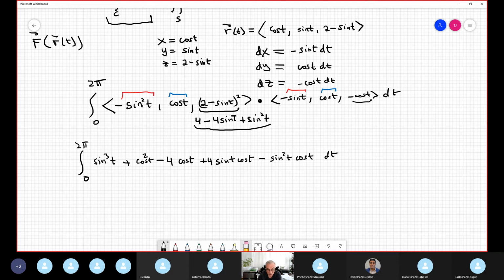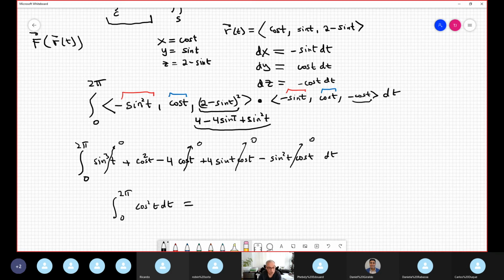Okay, so using intuition, if you want verification one by one, then this integral is 0. This integral is 0. This integral is 0. And this integral is 0. And the only integral that stays alive is this. So it's the integral from 0 to pi, using symmetry, guys, of cosine square t.